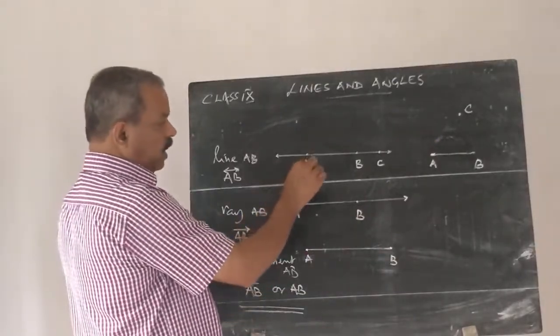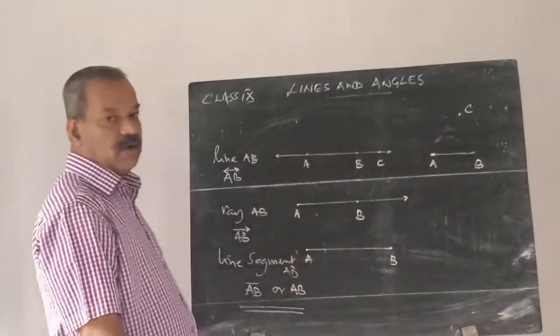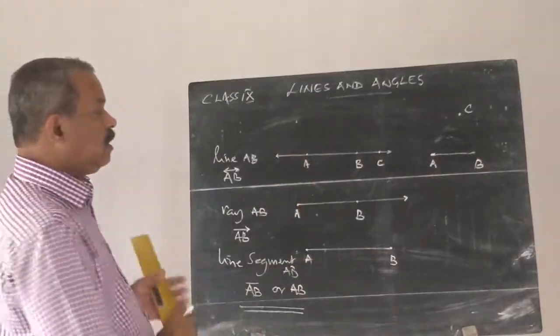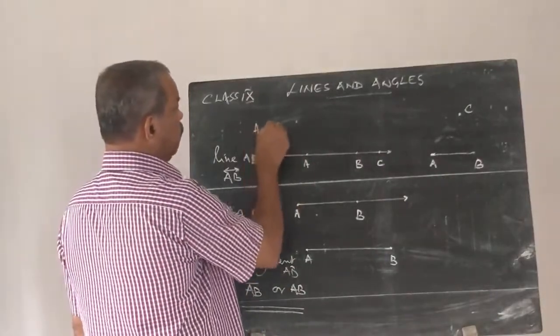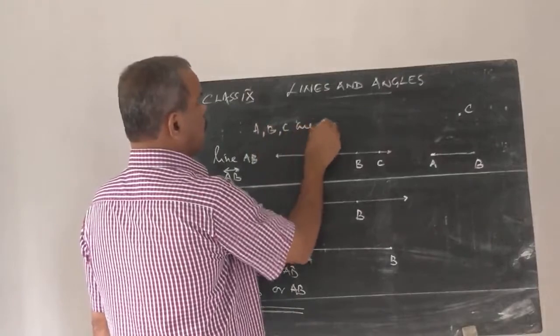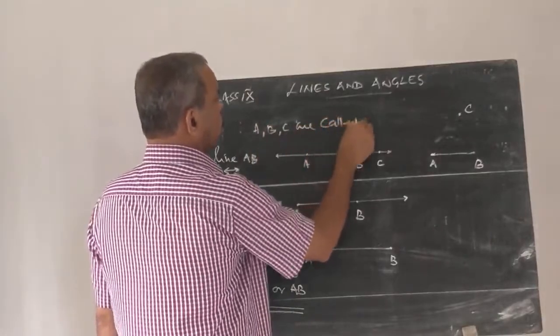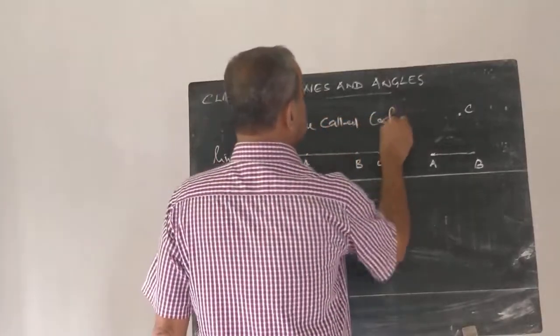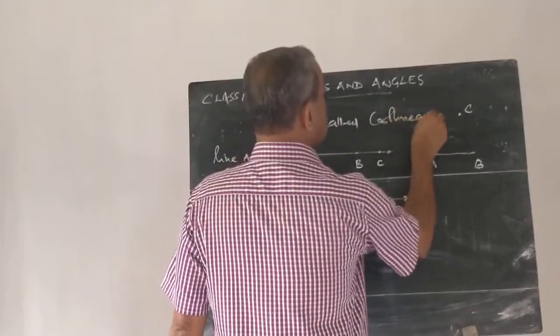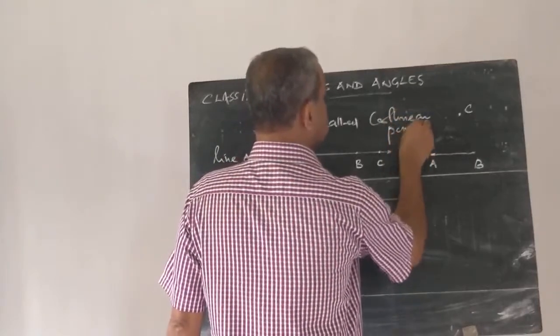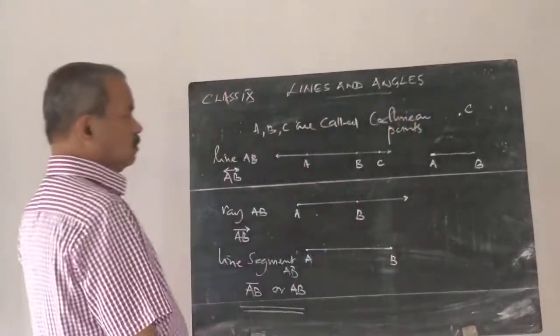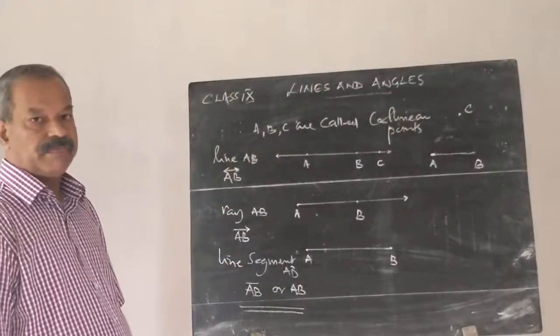Here, since A, B, and C lie on the same line, A, B, and C are called collinear points. These points are collinear.